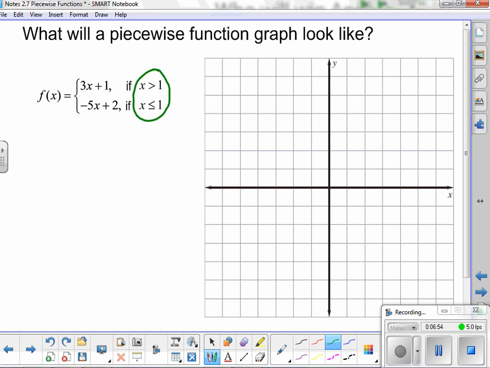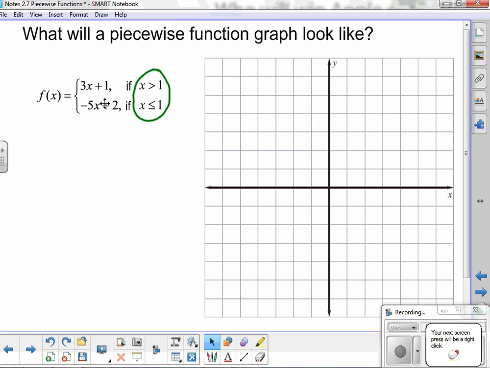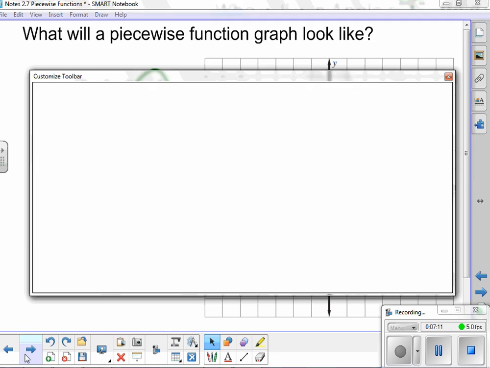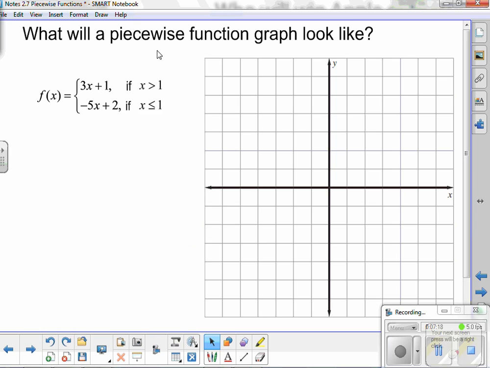So I'm only going to want to graph pieces of this line. You know what? Let's make this a little more... actually, never mind. So your break line... you know what? I'm getting ahead of myself. Let me erase this one though. Sorry.